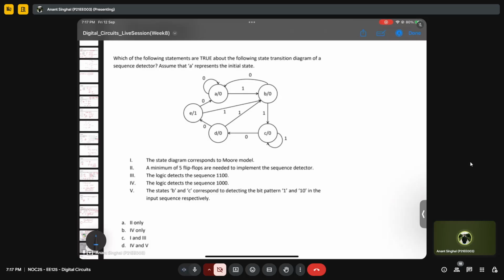So is it a Mealy or a Moore machine? Please let me know quickly, is it a Mealy or a Moore machine?